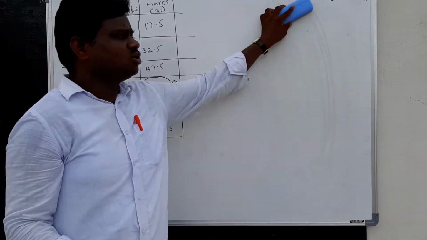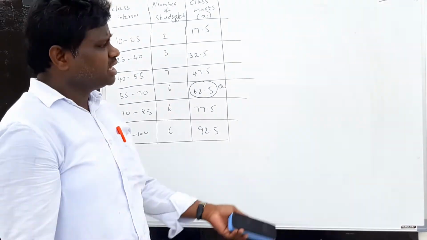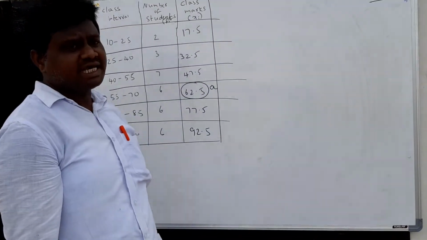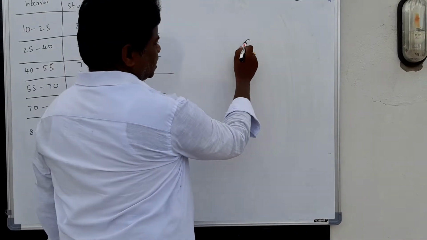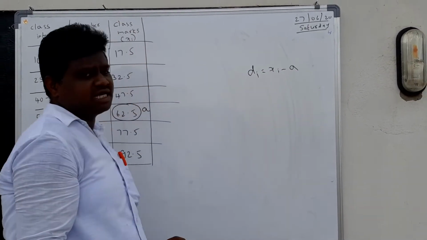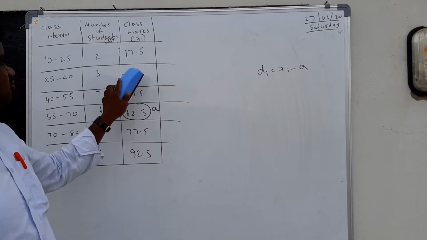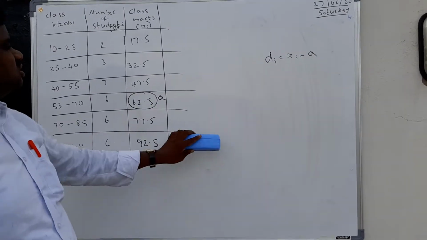After that, you have to calculate di. di means xi minus a. What is the di value? di is equal to xi minus a. That means we have to subtract 62.5 from all these values.